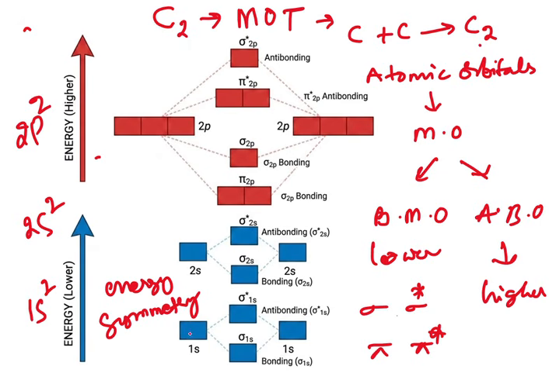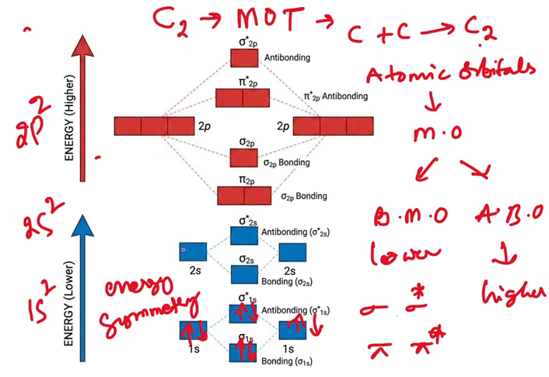When the 1s orbital of one carbon atom and the 1s orbital of the other carbon atom, which have electrons, overlap on the internuclear axis, two kinds of molecular orbitals are formed, sigma and sigma star. During this time, electrons are redistributed, first in the ground state, according to Hund's rule and Pauli's exclusion principle: 2 electrons in the bonding orbital and 2 electrons in the anti-bonding orbital.